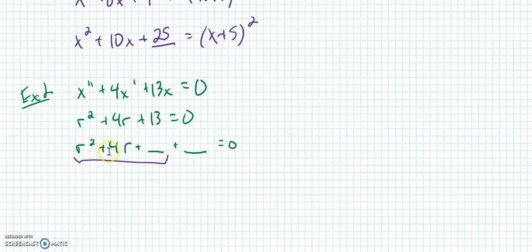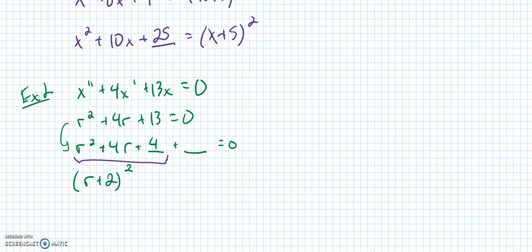So complete the square on the 4r right here. Well, what do I need there? Divide 4 by 2. It gives me 2. Squared, I get 4. So this is going to factor to r plus 2 squared. Now, in order to keep equality from this line to this line, or equivalence, I need to still have a 13 here. So the question is, what do I put here so that 4 plus this thing is 13?